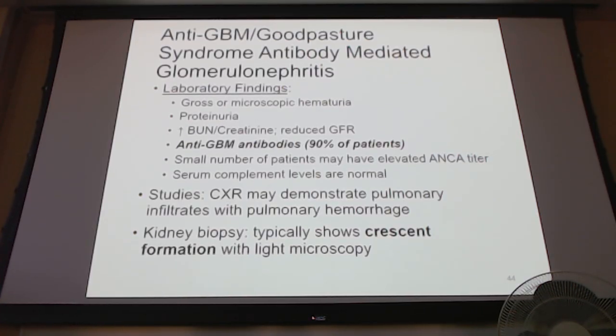What's a significant clinical sign or symptom for Goodpasture's? Anti-GBM antibodies. So that's a laboratory finding, not a clinical presentation. Pulmonary infiltrates. So not the X-ray, but I think I heard somebody say it.